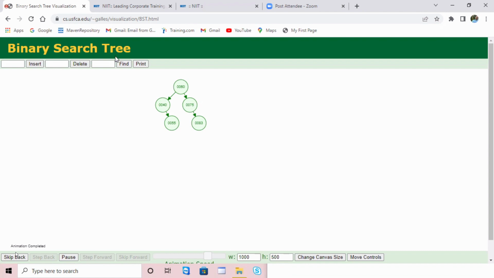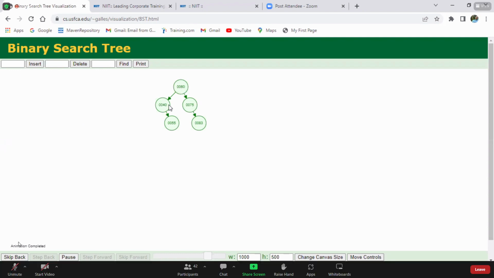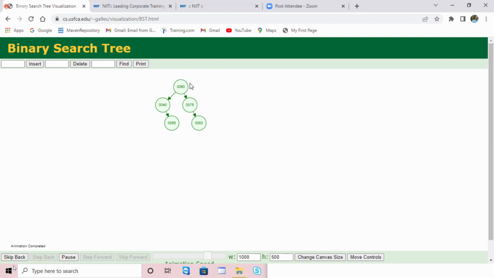So if I want to delete 60, it will compare the children nodes to see who is lesser. Of course, the lesser will always be on the left-hand side according to the rule, and that will always come to the top. Let me check once again.